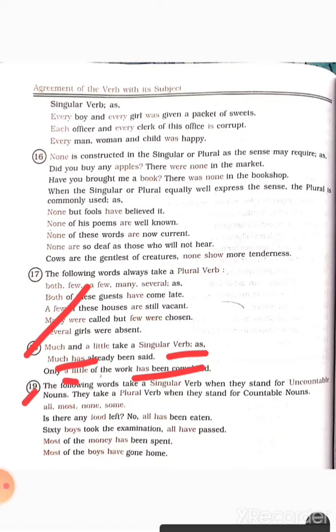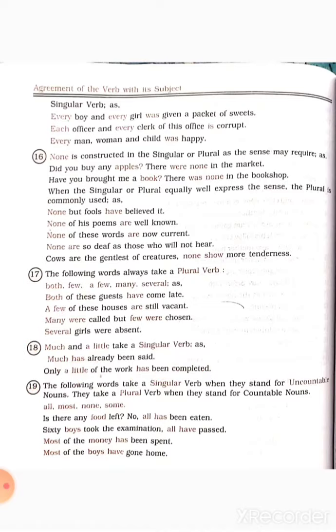Next, number 19. All, most, none, some. If after these words there is a noun, you have to look at whether it is a countable noun or an uncountable noun. If it is a countable noun, then the plural verb.